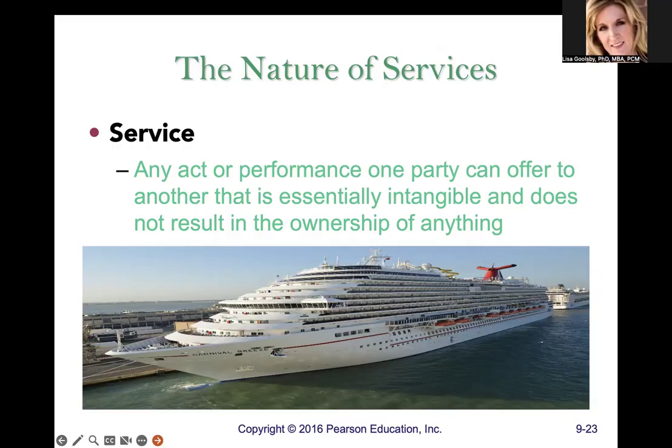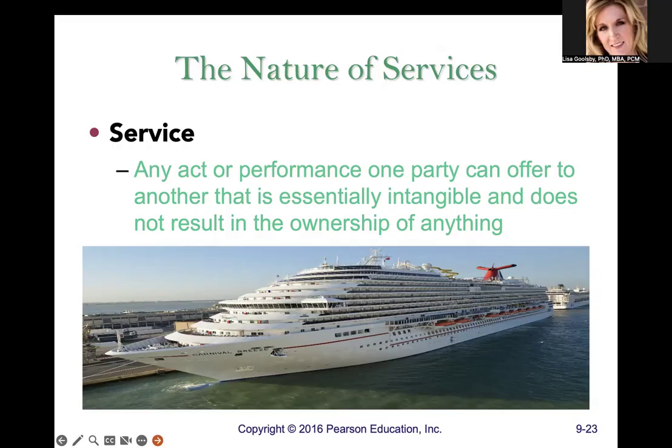I already mentioned my coffee bar, but restaurants are a mix because they have that service component, but they also have that tangibility component that goes with them. So that's sort of a hybrid. But if you look at getting your taxes done, that is a service. Going to the physician, that is a service. And so you've got to look at the nature of the service.